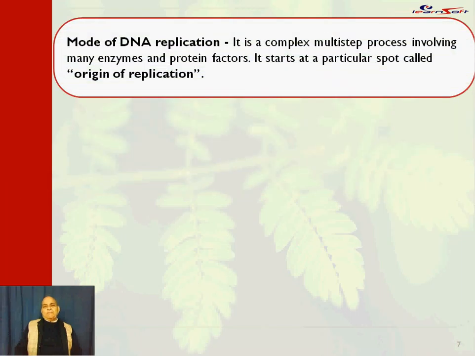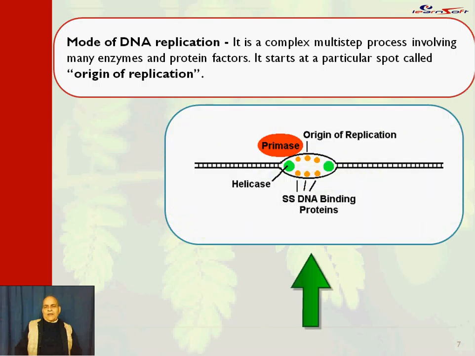Mode of DNA replication. It's a complex multi-step process involving many enzymes and protein factors, and it starts at a particular spot called the origin of replication. That is, in short, we call it ORI. From here, the replication of DNA starts. Now look at this diagram.